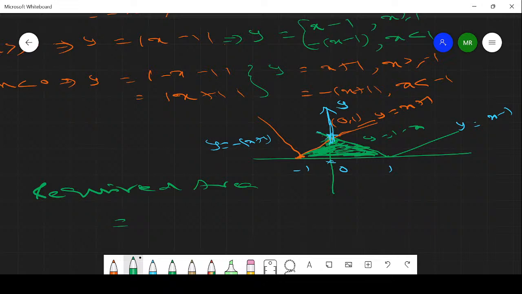Since it is symmetric with respect to the y-axis, I can write the required area as 2 into the integral from 0 to 1 of y dx, where y is 1 minus x. So 2 into the integral of 1 minus x dx, from 0 to 1.